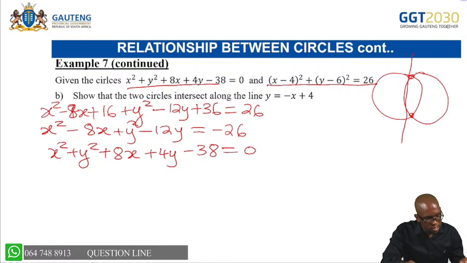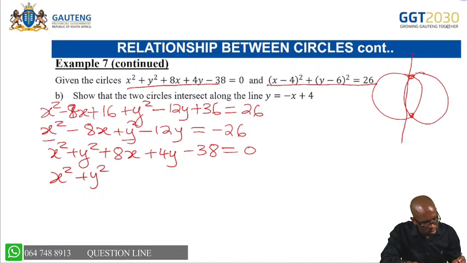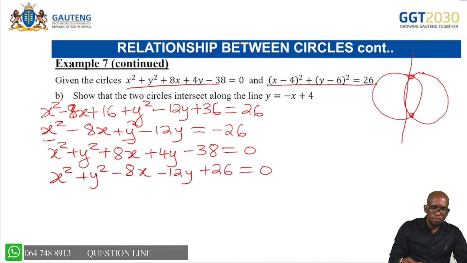The second equation, that's x squared plus y squared minus 8x minus 12y. If we transpose that 26, that would be plus 26 is 0. So if you check these two equations, they are of the same order, so we can solve the two simultaneously.